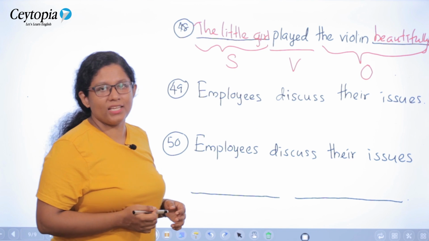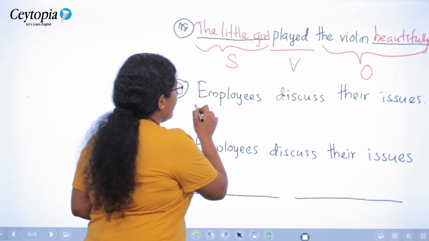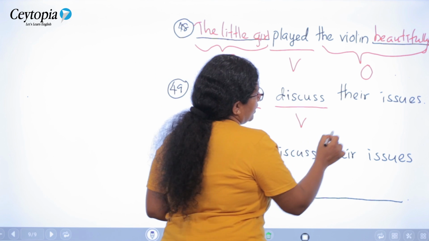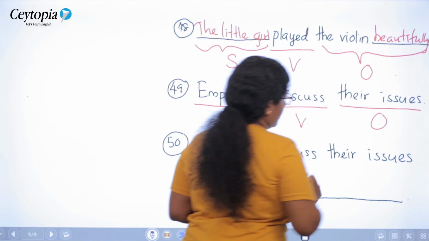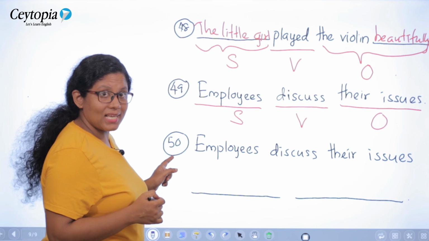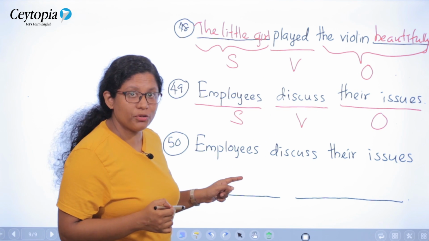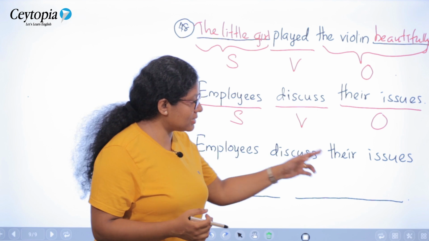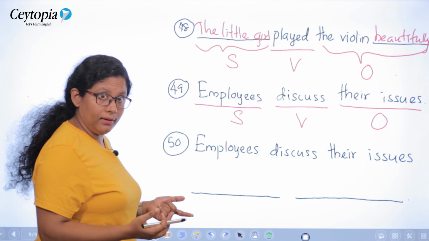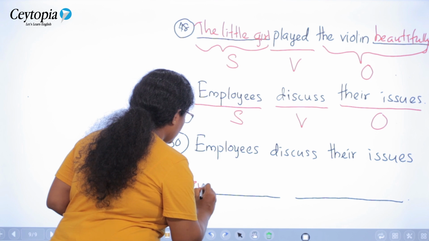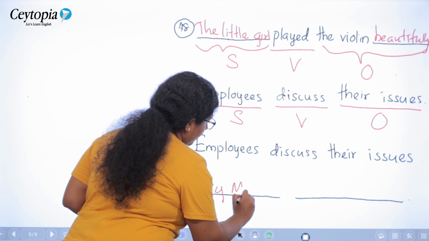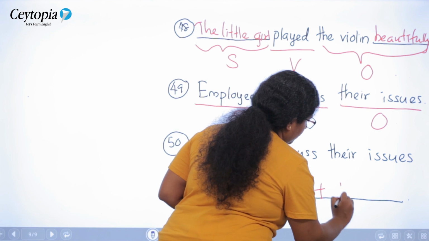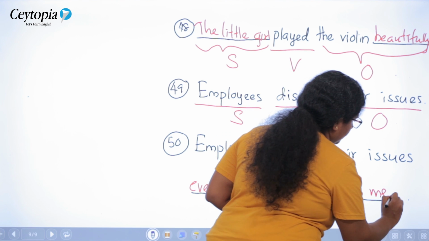Employees discuss their issues. In this case, you have the subject, employees, discuss, the verb, their issues, the object. In the last sentence, I'll show you how we could add further information using different words. Employees discuss their issues every Monday at the meeting.